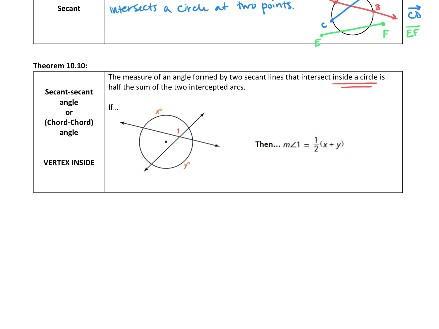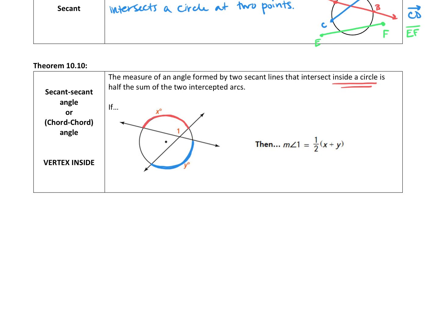But the intercepted arcs from that angle, so if this is angle 1 and we follow it out in both directions, we can see that it is giving us this arc X right here. Well, if we follow that line in the other direction, we can see it's intercepting the circle and giving us arc Y. So those are the two intercepted arcs that we just went over in that theorem.